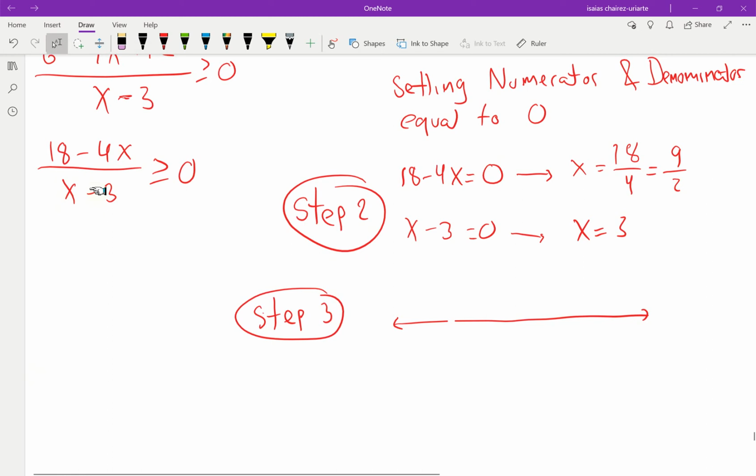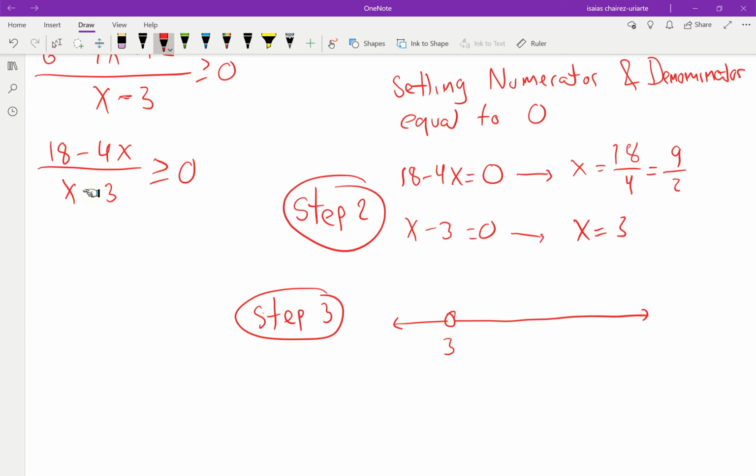So there's always going to be parentheses associated with those numbers. So at 3, I'm going to put an open circle there. Then 9/2, which is 4.5.